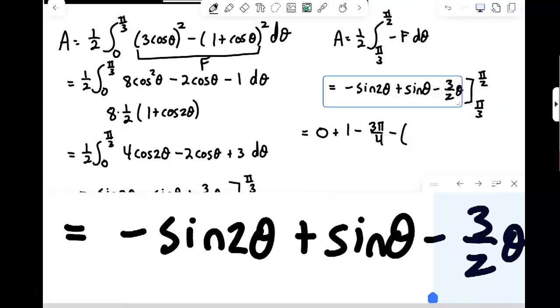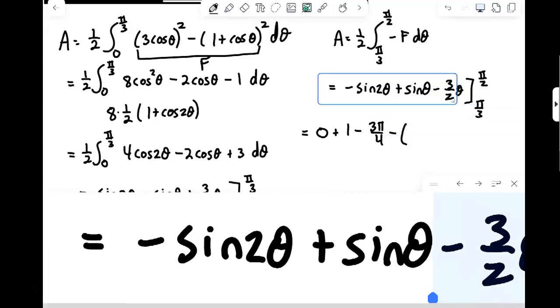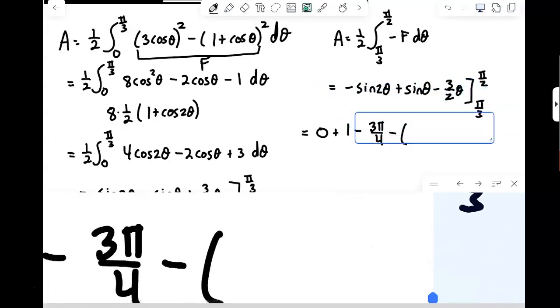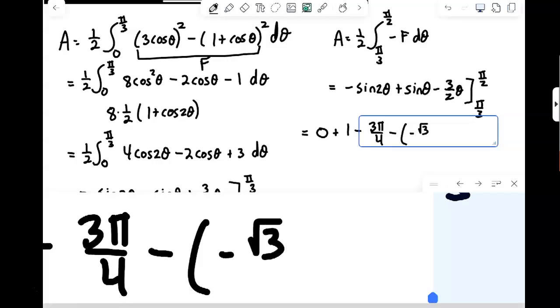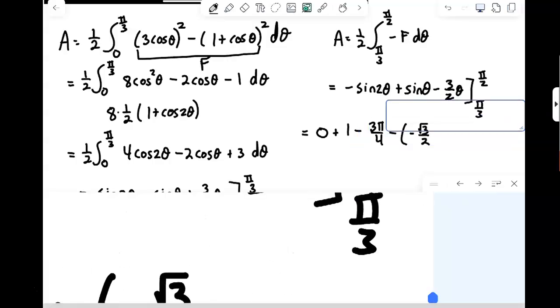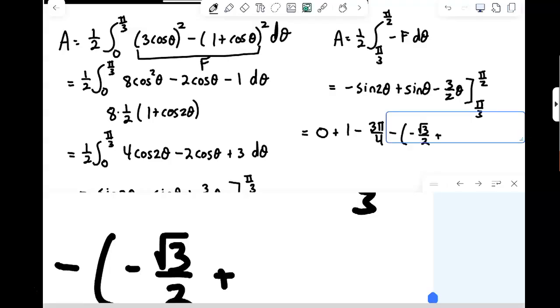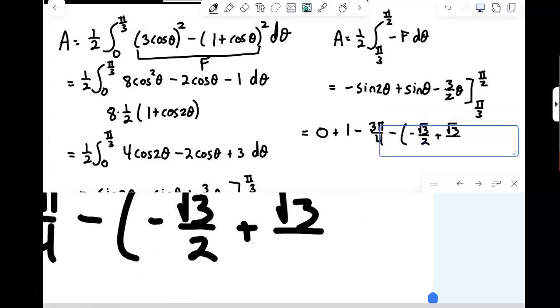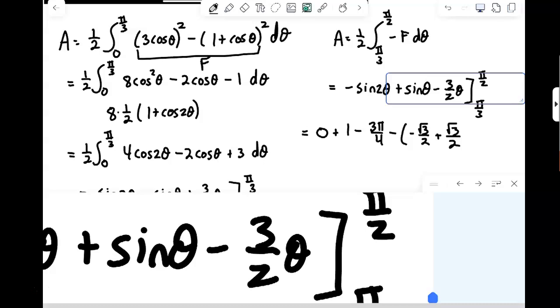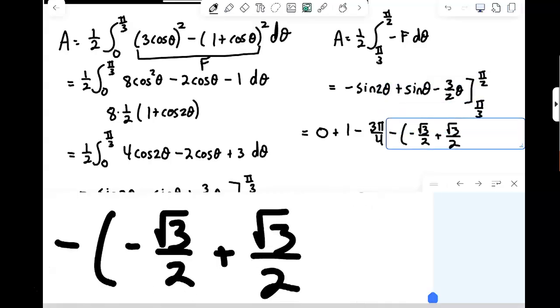And then we plug in pi over 3. Sine of 2 pi over 3 is square root of 3 over 2, but we have a minus sign in front. Minus square root of 3 over 2. And then sine of pi over 3 is square root of 3 over 2. And finally, minus 3/2 of pi over 3. Again, the 3's cancel and we have minus pi over 2.